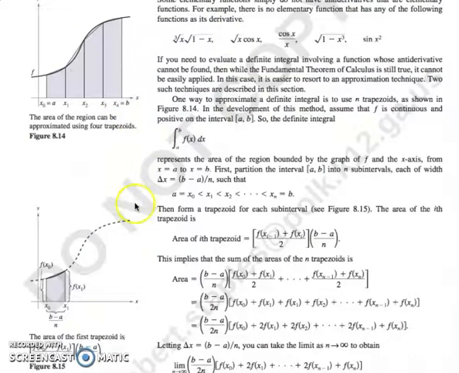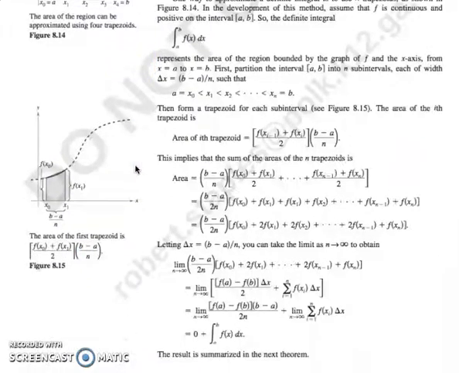So what they're saying is we're going to approximate this definite integral, and of course the width of the trapezoids on the sides is going to be b minus a over n. That was the same thing we used when we did the Riemann sums.